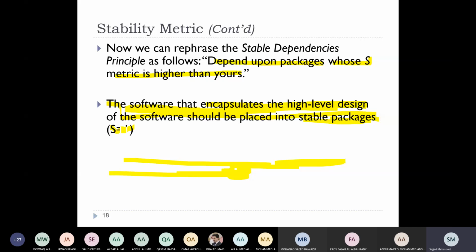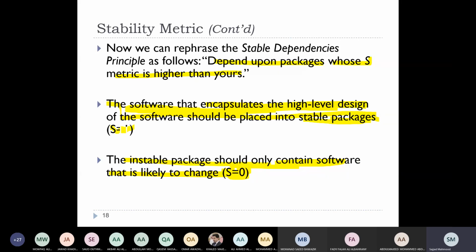So I will put those classes which I'm not going to make any changes to into those packages. On the flip side, a package whose value is zero or close to zero means it's very easy to change. This means not a lot of packages are depending on it.